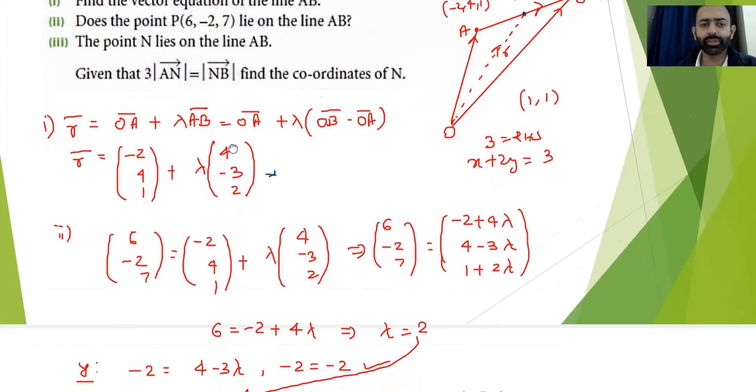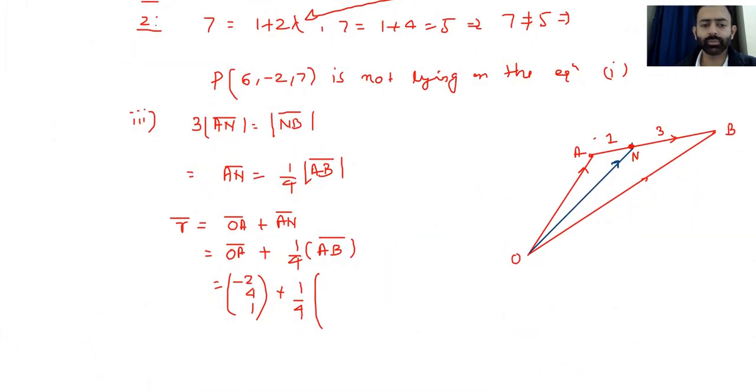Right? So AB vector is 4, minus 3 and 2. Right? So it is minus 2 plus 1, 4 minus 3 by 4, and 1 plus half. Okay.